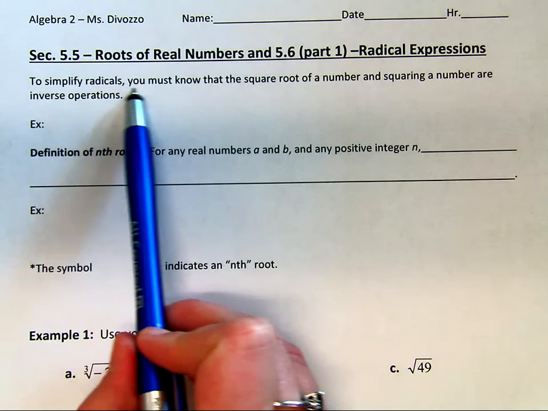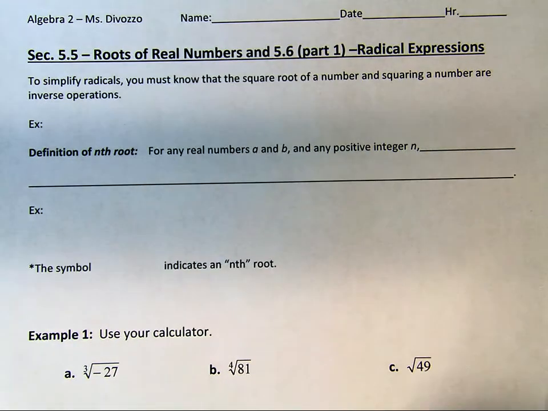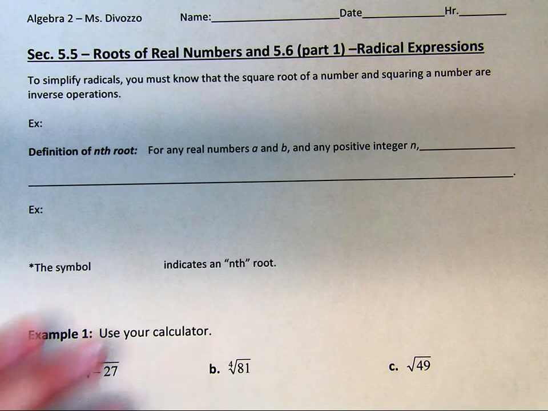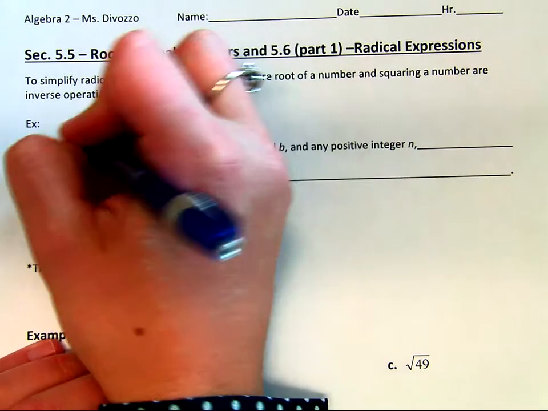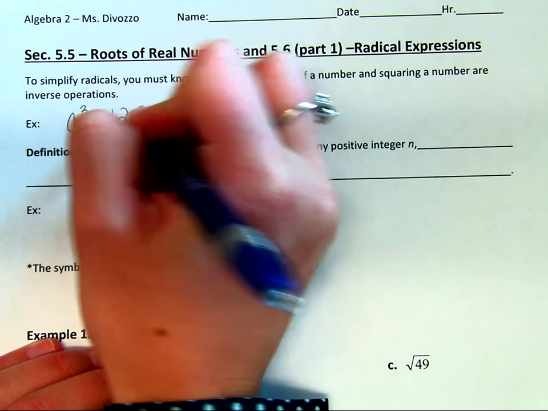It says, to simplify radicals, you must know that the square root of a number and squaring a number are inverse operations, as are taking the cube root of a number and cubing a number. So for example, let's say I had a cubed equals 125.